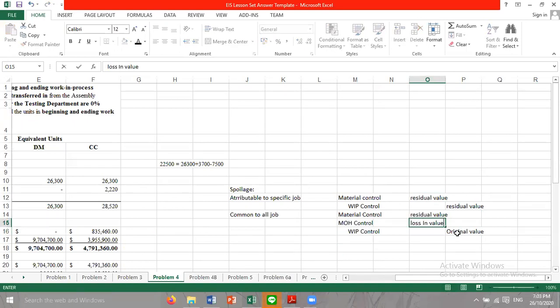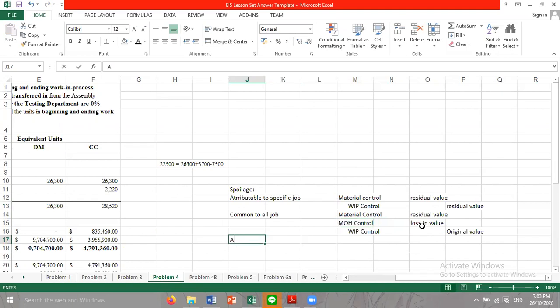So as you can see, if it's common to all jobs, the loss in value is allocated to MOH control instead. But if it's attributable to a specific job, the loss in value will just stay in WIP control, as in it will be added to that specific job. But if it's common to all jobs, the loss in value will be added to MOH control. Okay, that's for common to all jobs. But that's assuming it's normal spoilage.